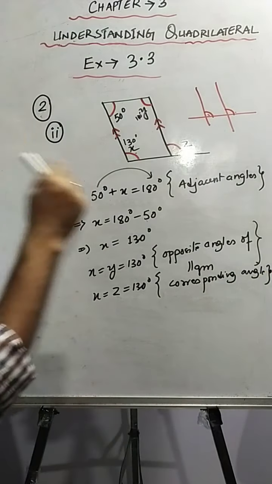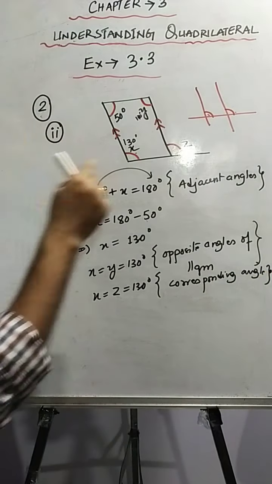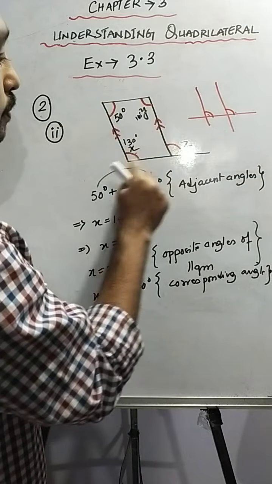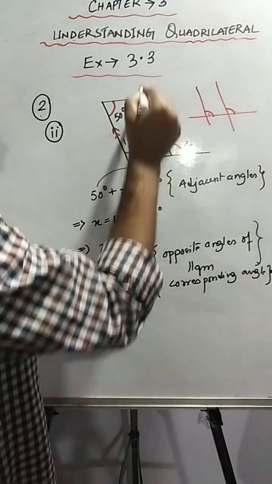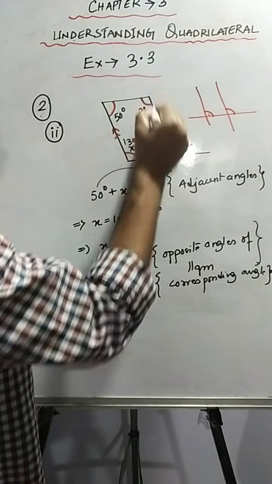Now there is another connection with y also. If you are considering the relation between y and z, you have to consider this line and this line as parallel, and this line as a transversal. In that case z will be equal to 130 degrees only, but this time the reason will be different.